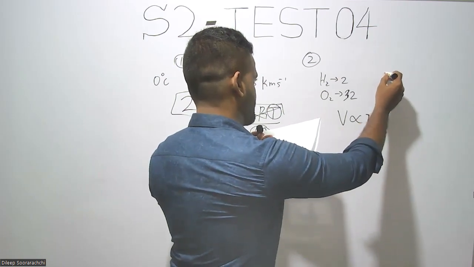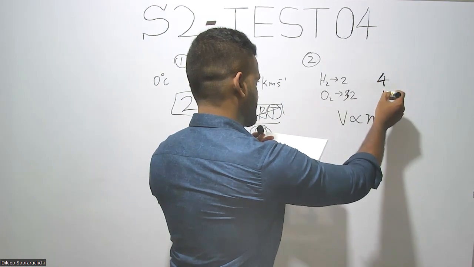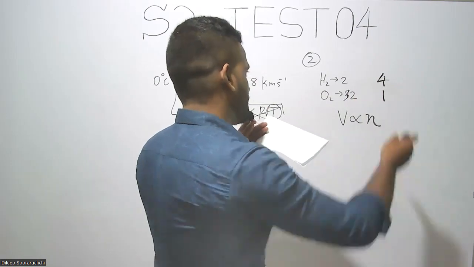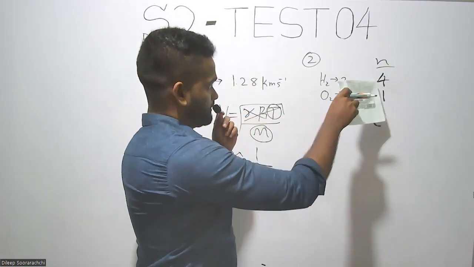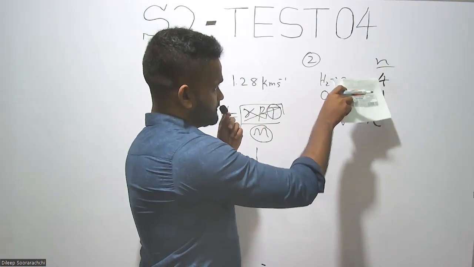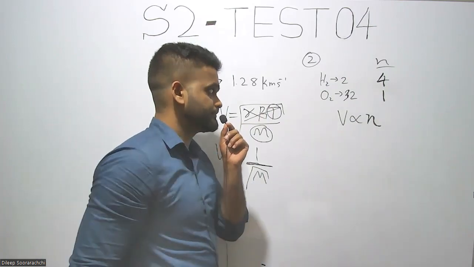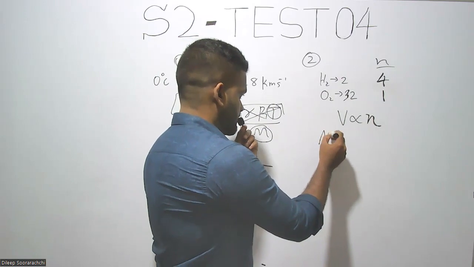So hydrogen is 4, oxygen is 1. If it is a volume ratio, we can also say the number of moles ratio also is the same because those are proportional.